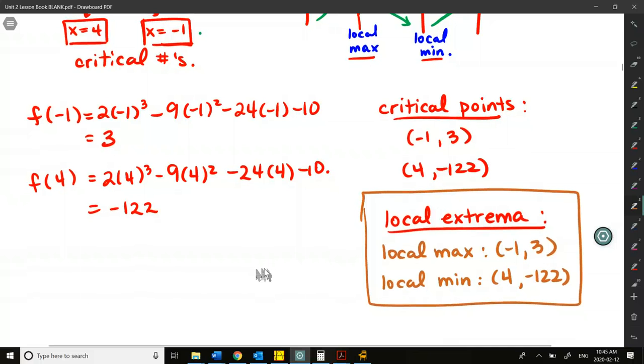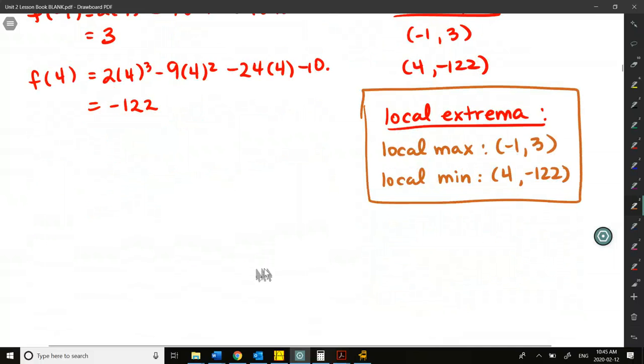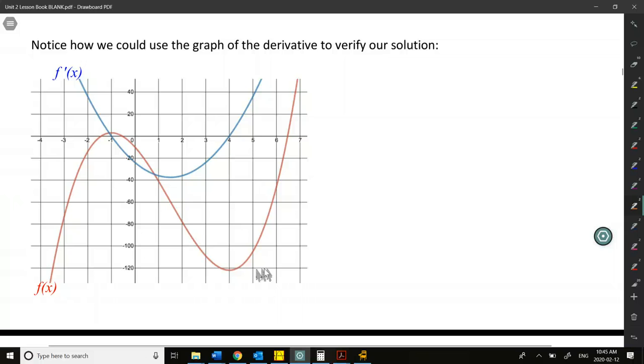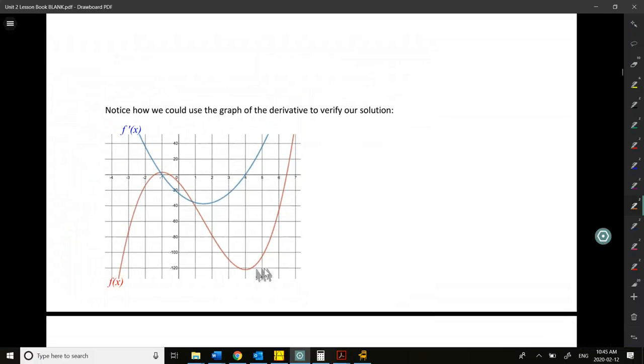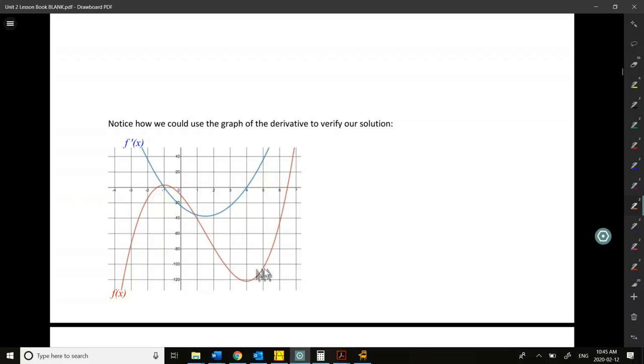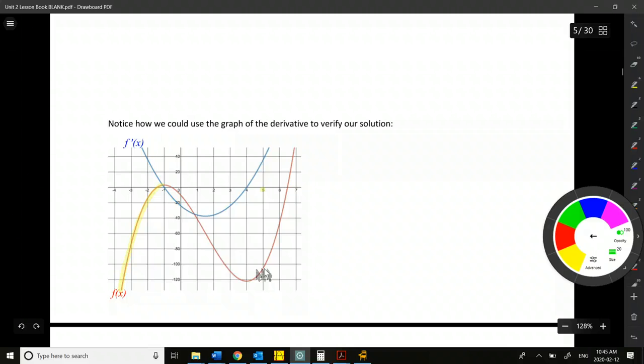Okay, can I scroll? Okay. All right, so this might also help further answer your question. Just so that you guys can see what's going on graphically here, we can see that in this area right here, f at x is increasing, and similarly, in that same area, f prime at x is positive, right?